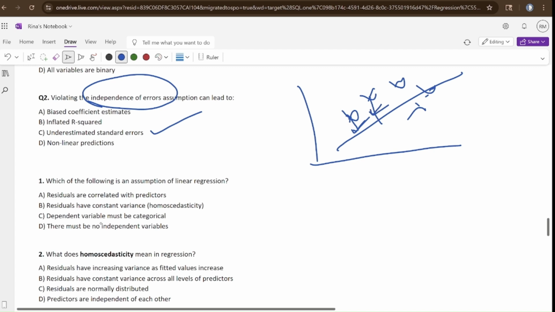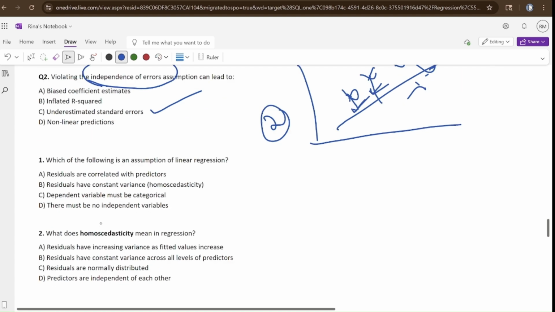Or I can say that if you are trying to predict the bus delays of every day of the week, the residuals from Monday should not affect the residuals for Tuesday. Okay, the reasons will not be similar. So we can say that this is called independence of error. This is also an assumption. That means if this condition is satisfied, only then can you apply the regression model.